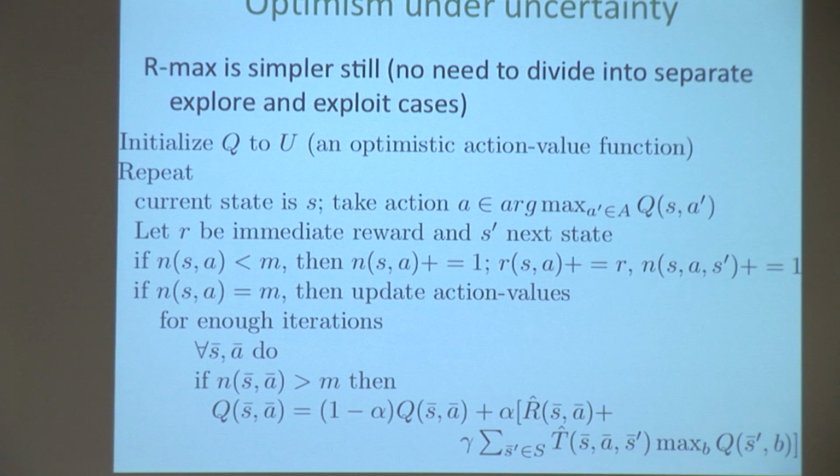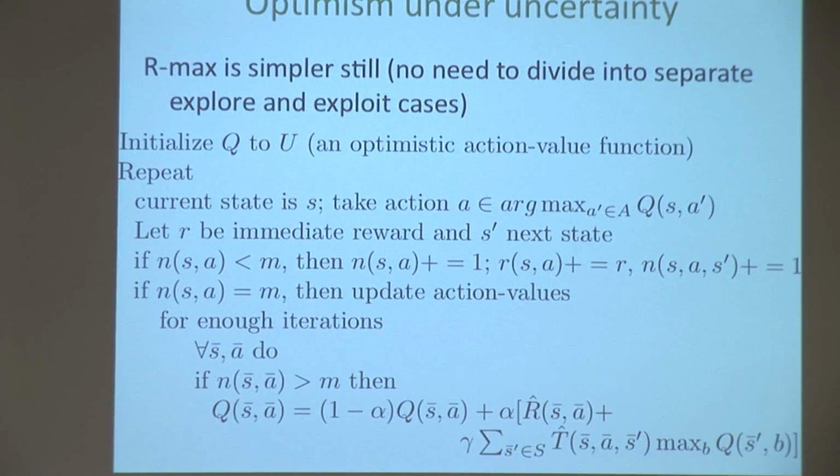You initialize the value function optimistically. You have the same M, which is the number of times you have to visit a state action pair. If you visit a state action pair M times, you update its value. Otherwise, you don't. But you update it using the estimated model, T hat and R hat.